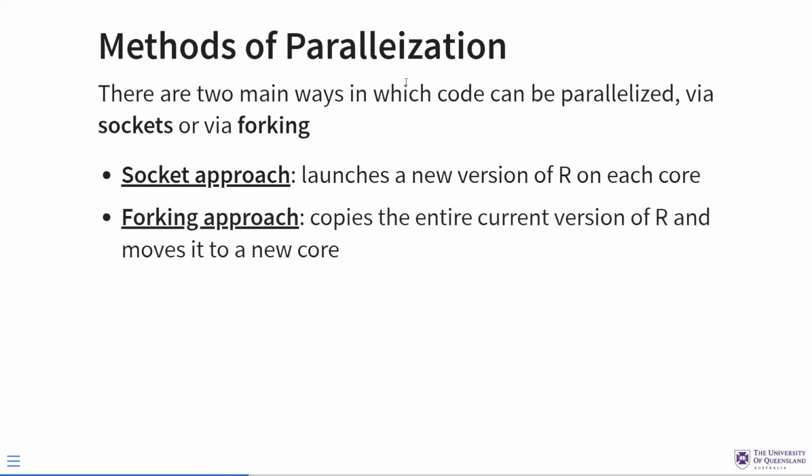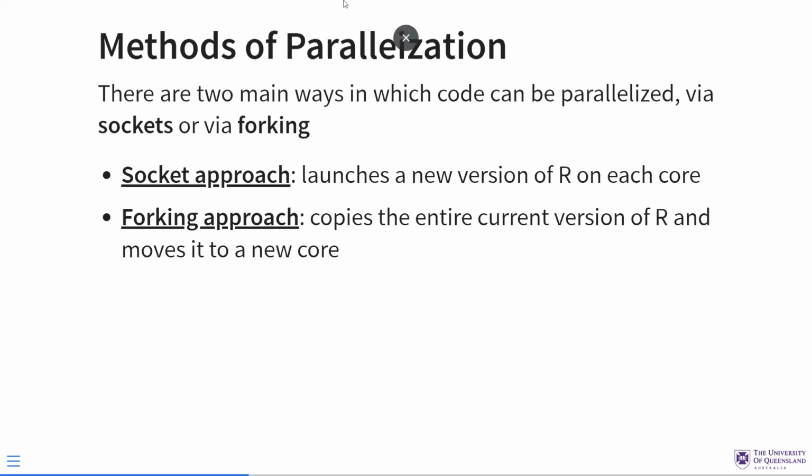And the forking approach basically copies the entire version of R that you have running now. So you don't have to load any packages. Everything that you have loaded until now will be copied to the version of R that is running in the background. You won't see it, but it is.